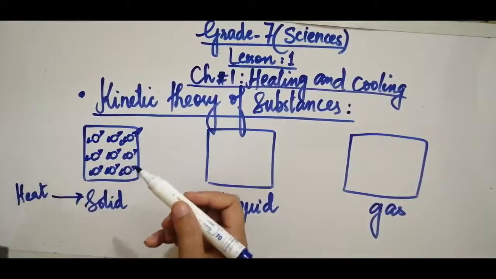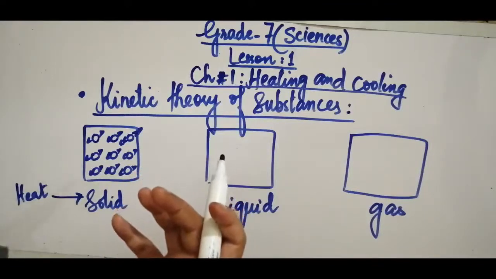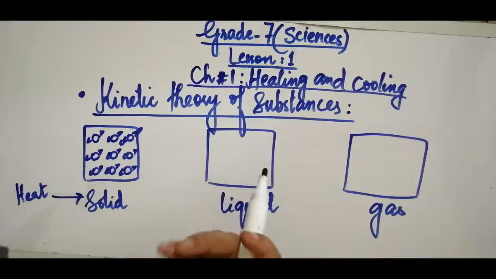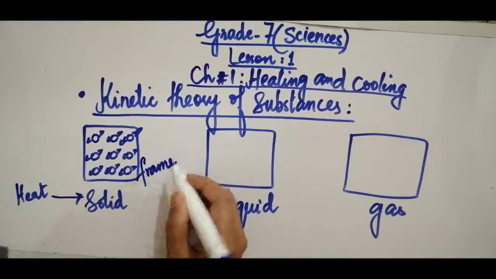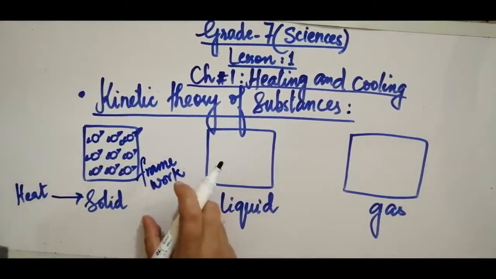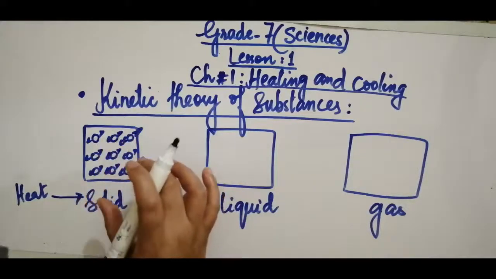Because the particles of the solids are compact and fixed in their place, and they are actually forming a framework. They are attached to each other in a framework, and this framework doesn't allow these atoms to move from their places.